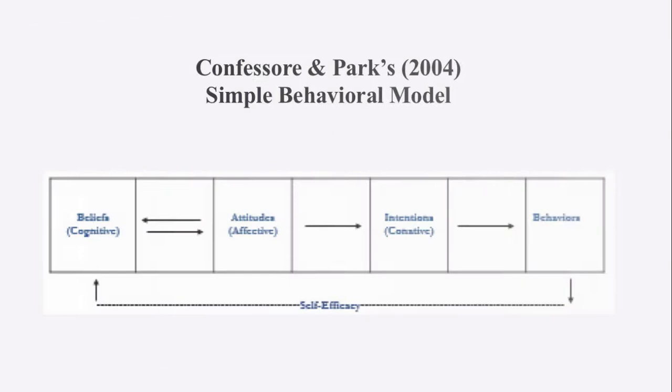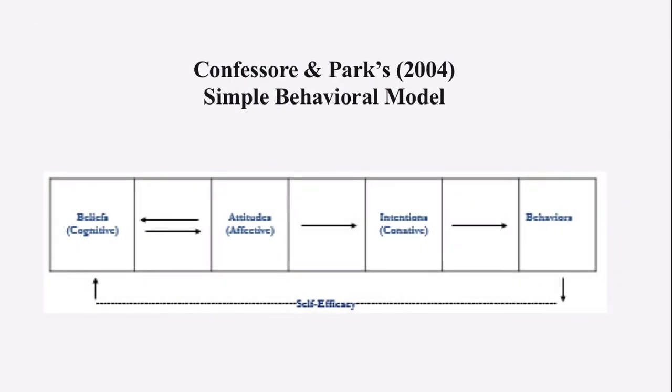In the 1980s and 1990s, as Confessore was formulating his autonomous learning model, he adapted Fishbein and Ajzen's simple behavioral model. In fact, his work formed the basis for 4 doctoral dissertations at the George Washington University in the late 1990s and early 2000s. We will revisit those 4 dissertations again later in this presentation.